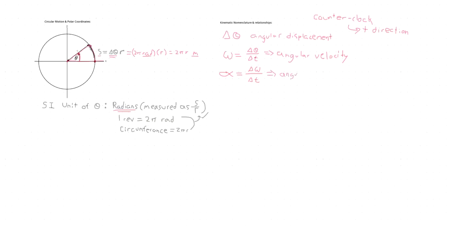We have the same types of relationships, we've just given them different symbols to denote that we're expressing angular quantities of position rather than Cartesian coordinate values of position. All right, so we now have angular displacement, angular velocity, angular acceleration.